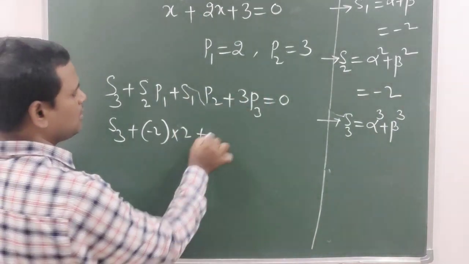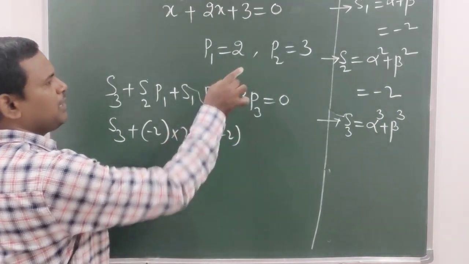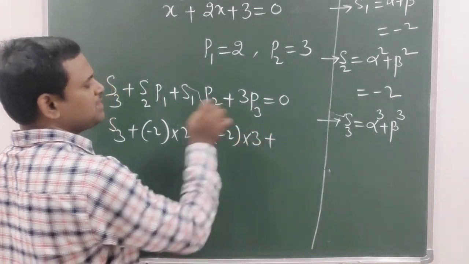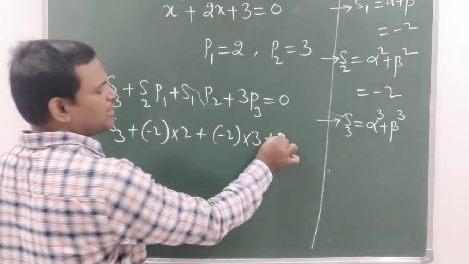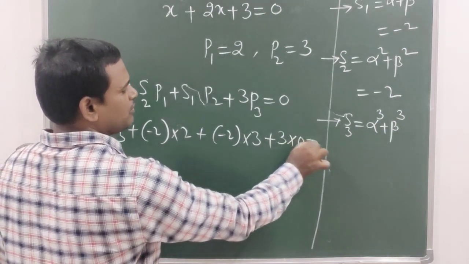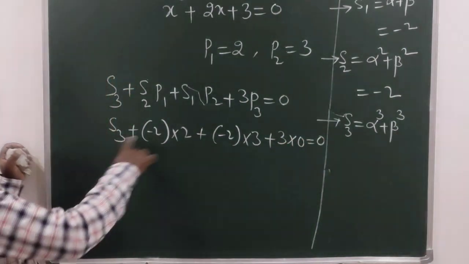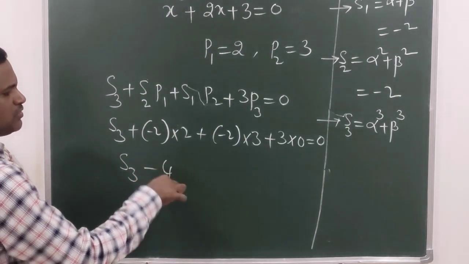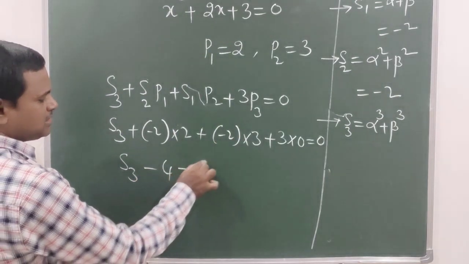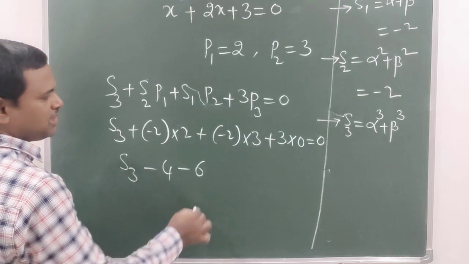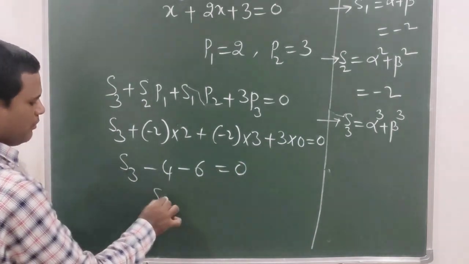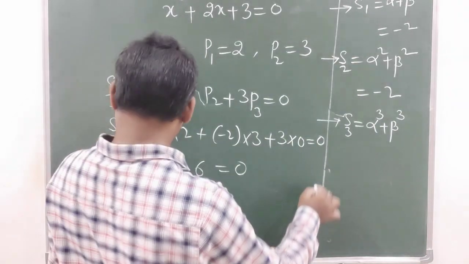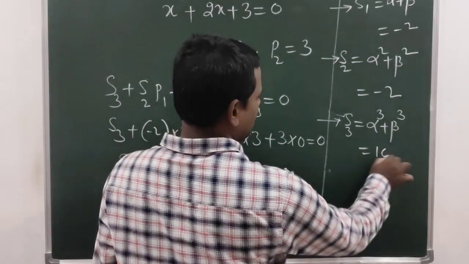S1 also we have got minus 2, P2 is 3. Plus here P3 we don't have, so in place of that you can take 0. Now simplify this: S3 minus 4 minus 6, and 0 into something is 0. So S3 is equal to 10 we will get.